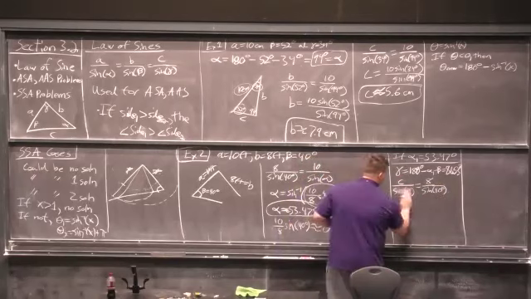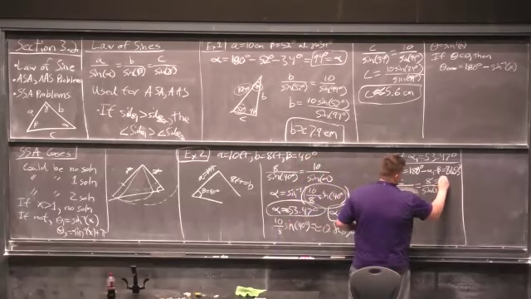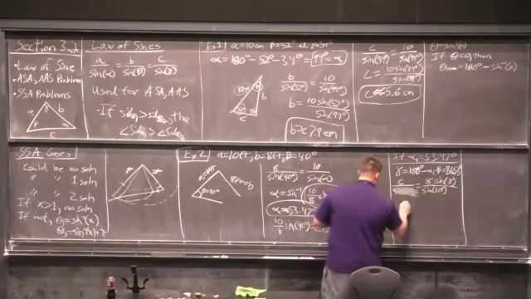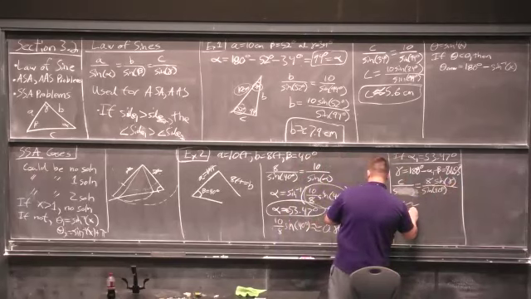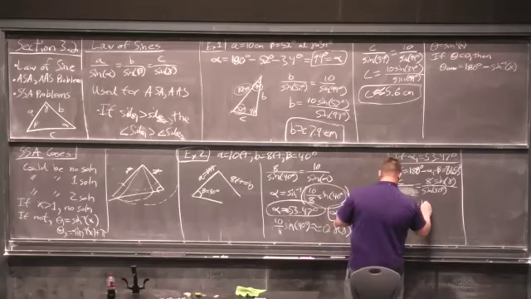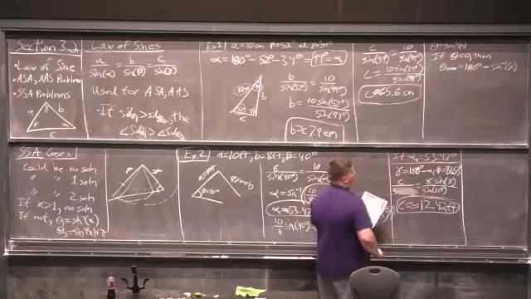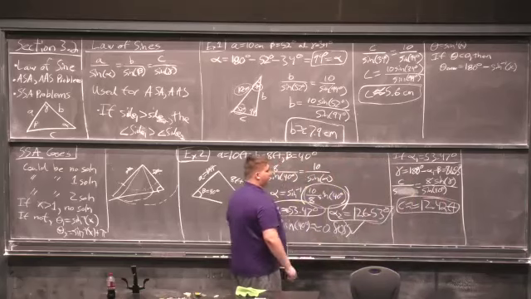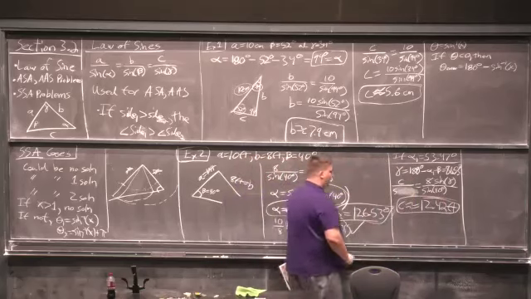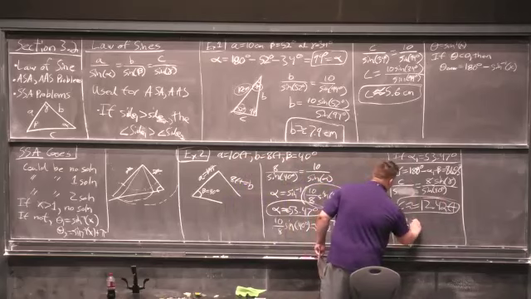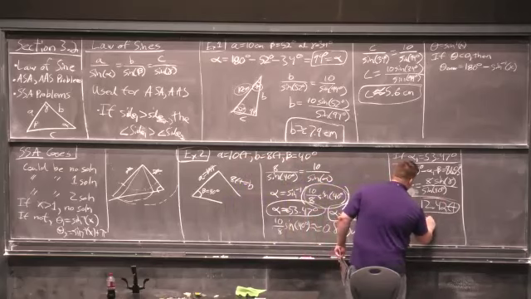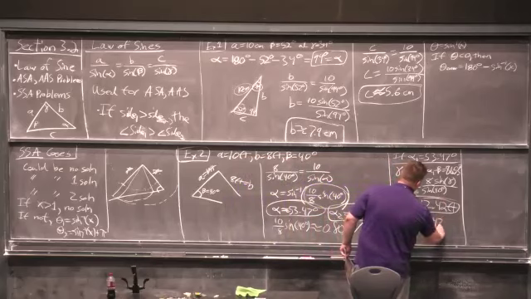Plug that in and we get C is approximately equal to 12.42 feet. And that is when I have alpha 1. So I'm going to include that here. Alpha 1 is equal to 53.47 degrees.